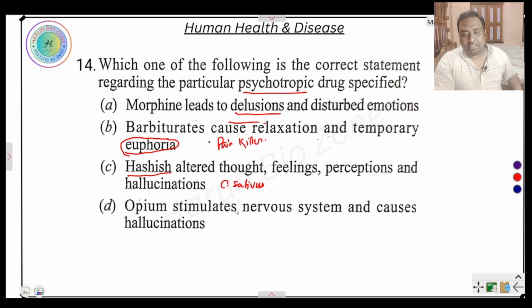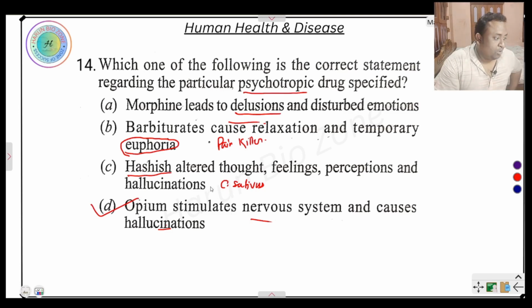And opium stimulates the nervous system and causes hallucination. This is the correct option. D. Opium causes hallucination. And hashish is a form of marijuana that comes from Cannabis sativa.